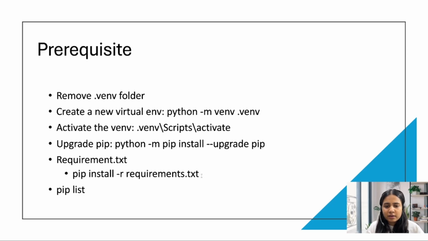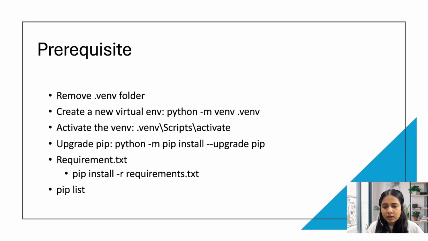In this file we'll have all the dependencies we want to download in our virtual environment, and we'll install all of them in one shot. We'll see what we are going to write inside that particular file.